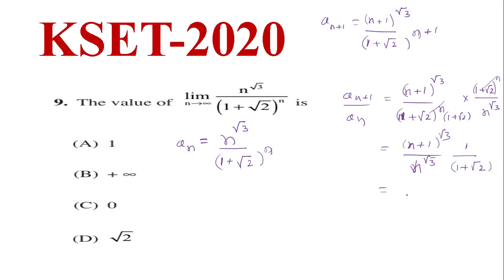This becomes (1 + 1/n)^(√3) times 1/(1+√2). If I apply the limit as n tends to infinity, a_{n+1}/a_n equals 1/(1+√2), since 1/n becomes 0.